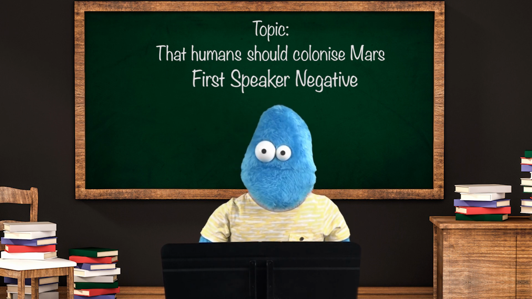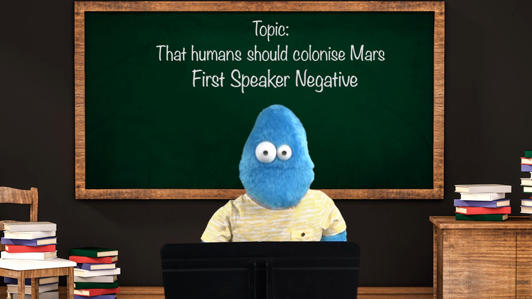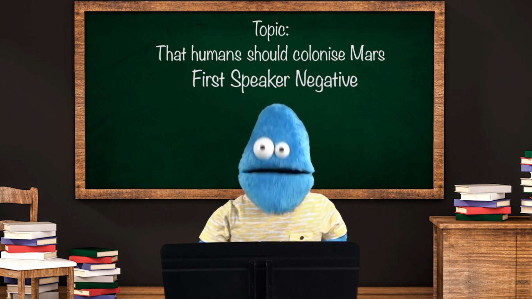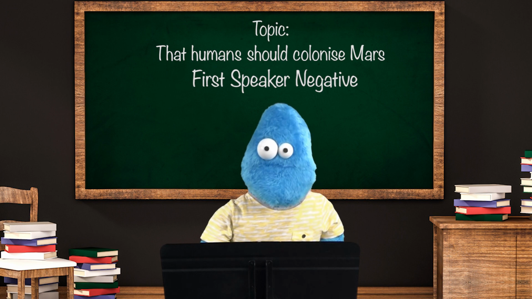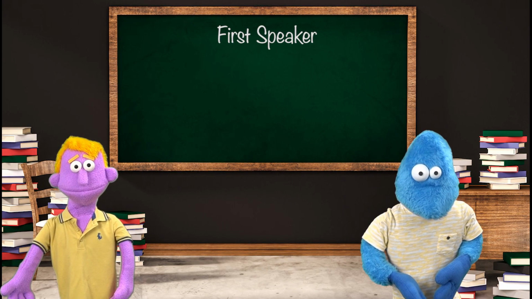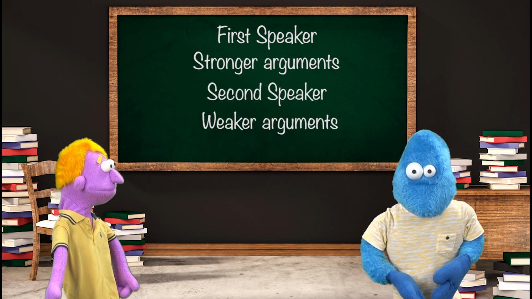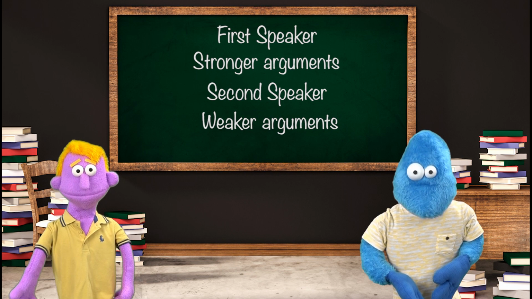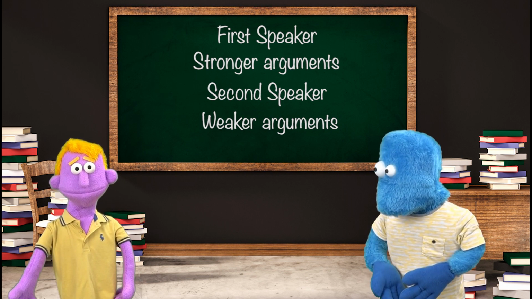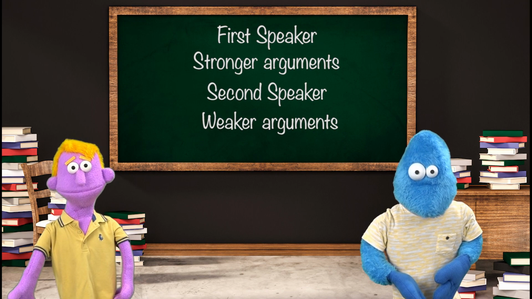And our third speaker will summarize our case, summarize the case of the opposition, and convince you all that humans should not colonize Mars. Other teams may say the first speaker should deliver the strongest arguments, and the second speaker the weaker ones. What is important is that both teams must work together in planning and researching their debates.